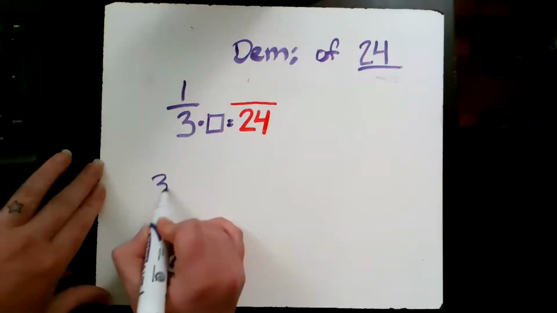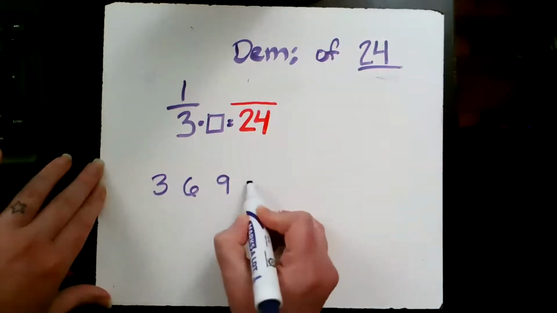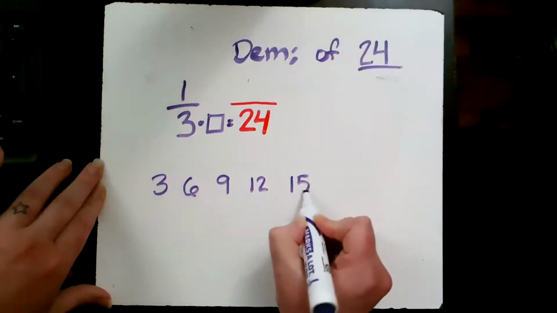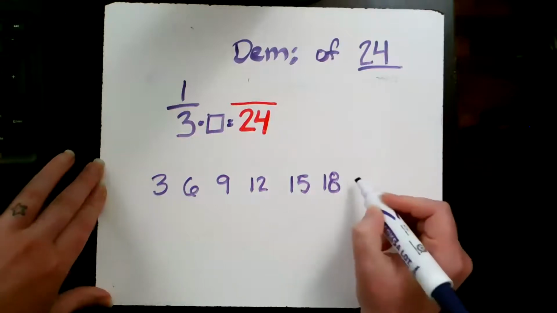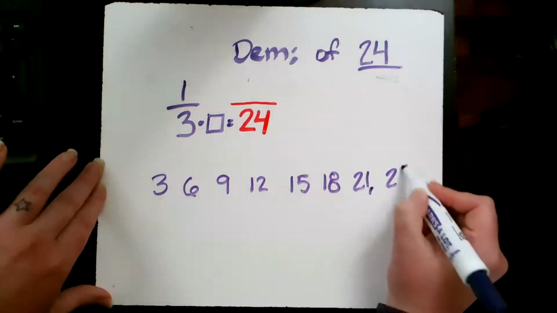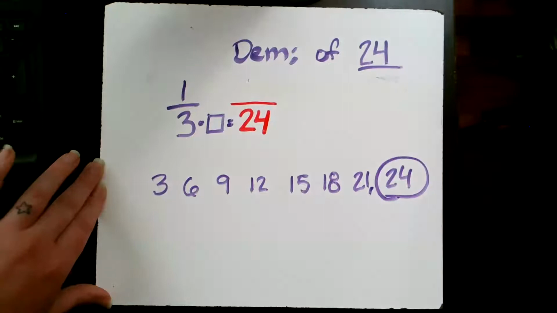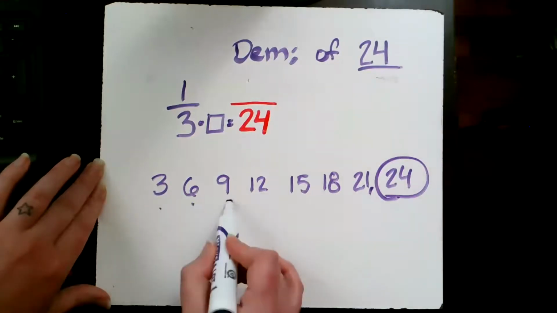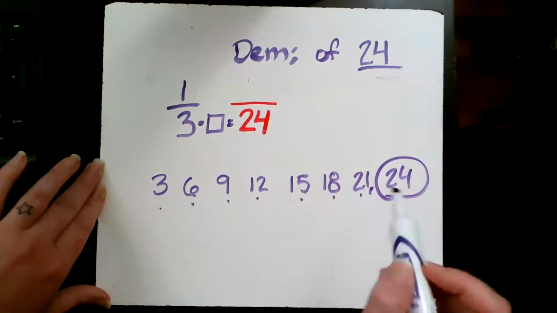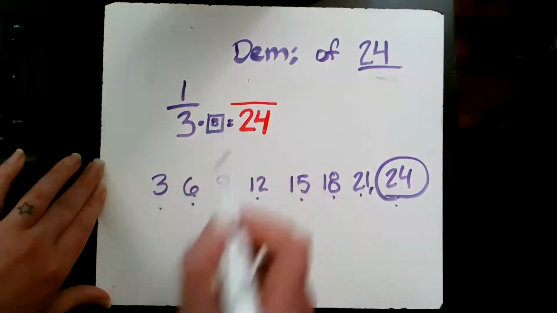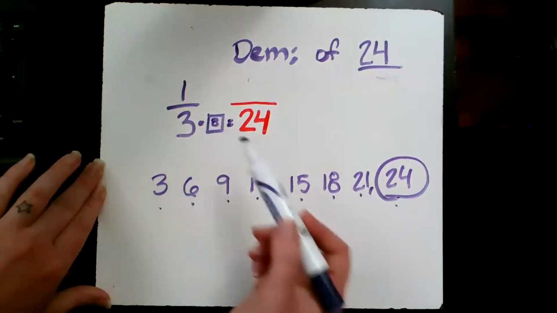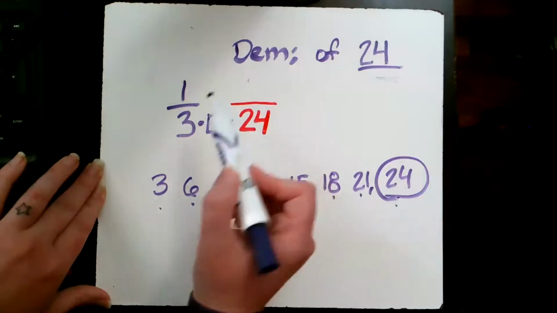We can go 3, 6, 9, 12, 15, 18, 21, 24, and there it is, 24. So 1, 2, 3, 4, 5, 6, 7, 8. So that means 8 is our number. And what we do to the bottom, we've got to do to the top.